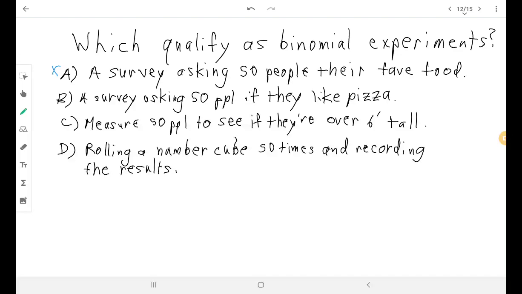Do you like pizza? Yes or no? Really, for this to be a good binomial experiment, it would be like, do you like the hot and ready pepperoni pizza from Little Caesars? Yes or no? But yes, this is a binomial experiment. Granted, maybe one not designed all that well, but we won't quibble over that part. I measure 50 people to see if they're over 6 foot tall.